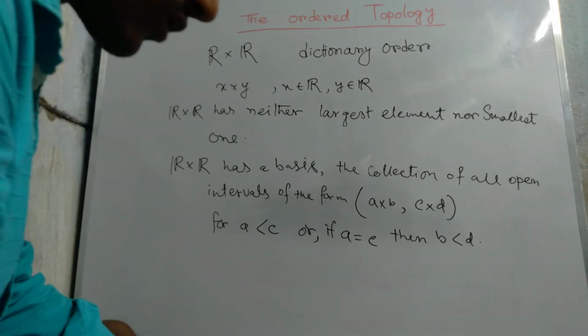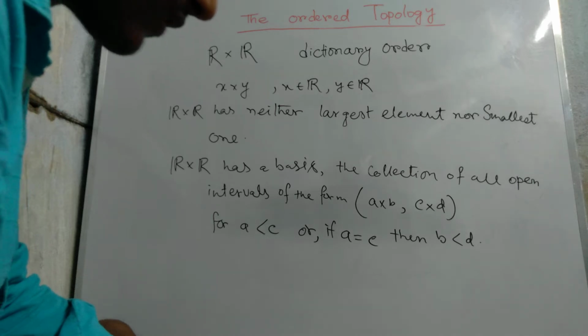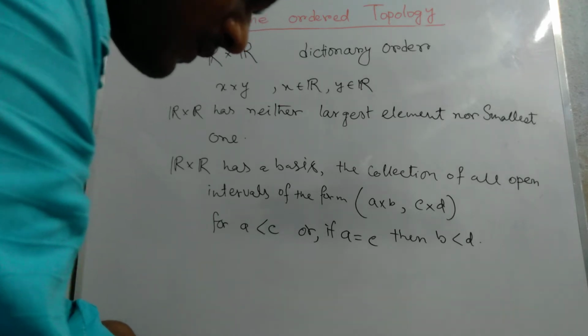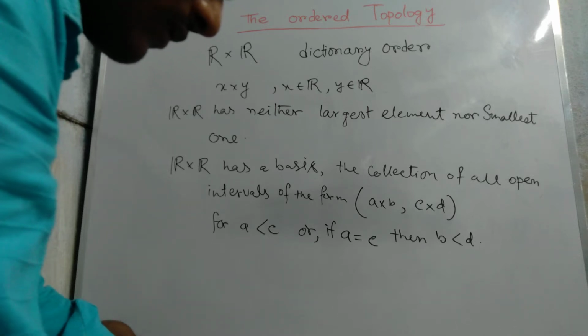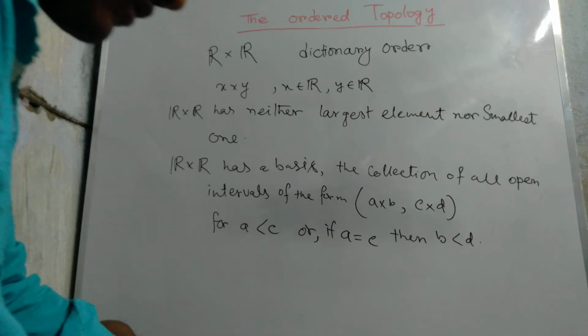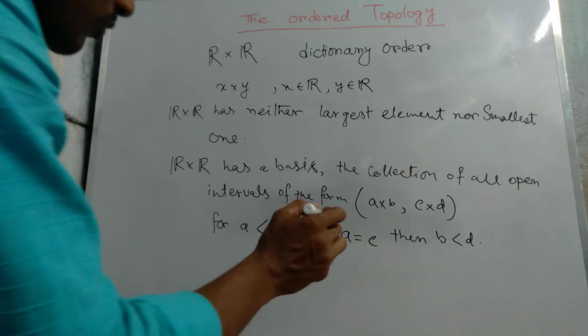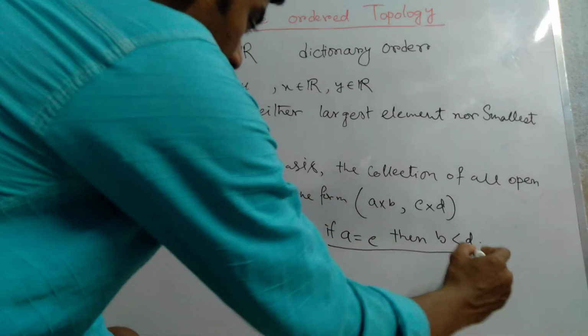The collection consisting only of intervals of the second type. That means we construct two types of intervals.